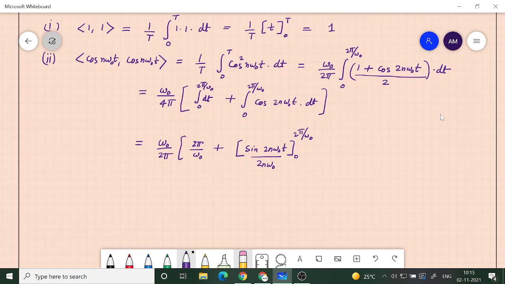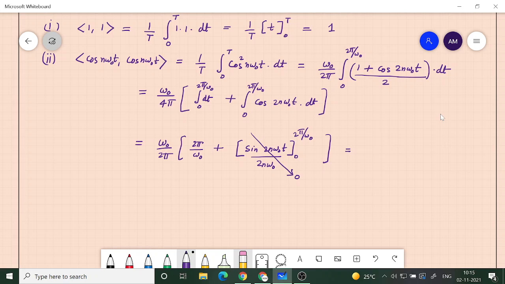So this is what we will get. Now if you look at the upper limit, when you put t equal to 2 pi by omega naught, omega naught cancels, and it is 4n pi. Upper limit is 0, lower limit is 0. So this quantity is 0.